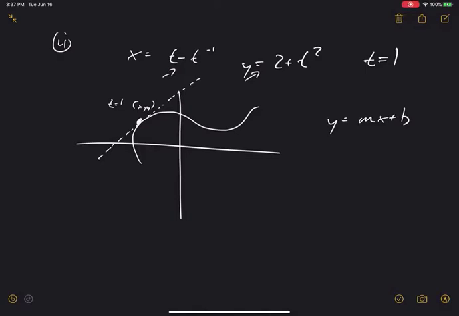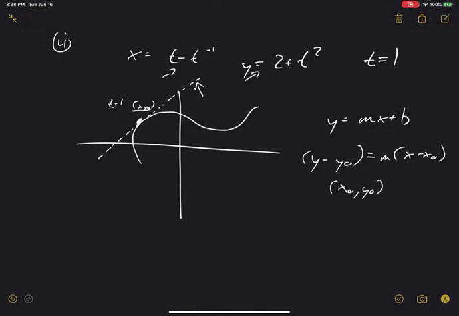Now, if we find dy/dx, that's going to give us the slope of this line, the m. And then how do we find y equals mx plus b? Well, remember that there's a couple ways to write the equation of a line. We have point slope form, where x0, y0 is just some point on the line.